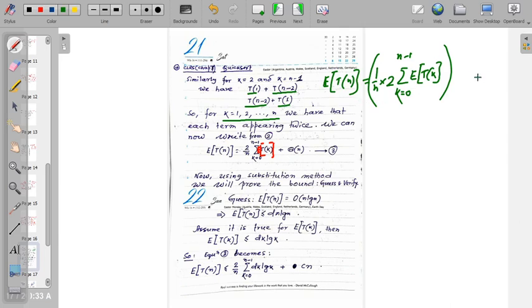This is our A, plus theta n. Theta n is outside this summation. Can I write this?